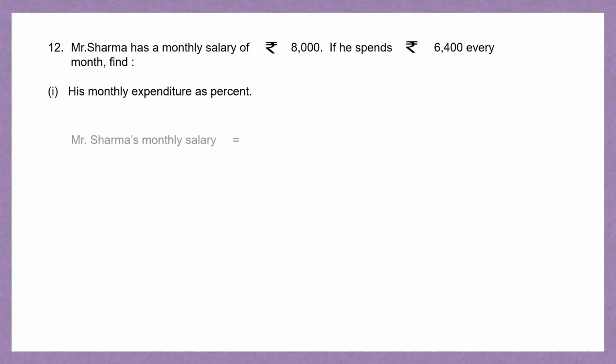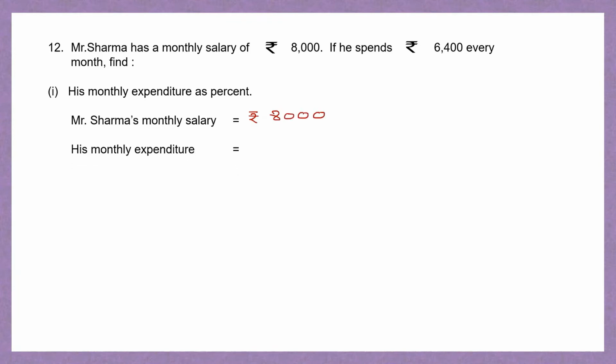So let's start. Mr. Sharma's monthly salary, that is 8,000 rupees. Then his monthly expenditure is 6,400 rupees.